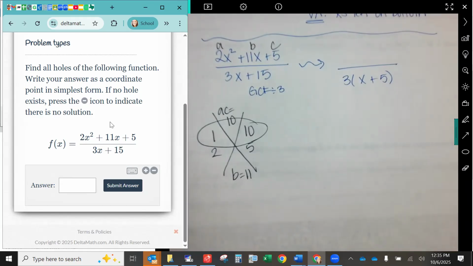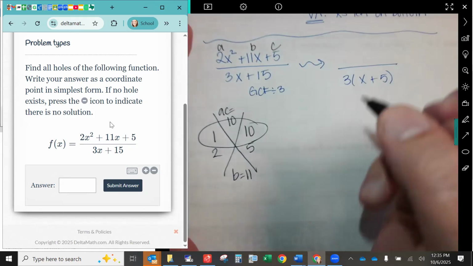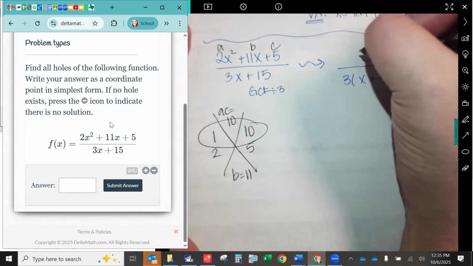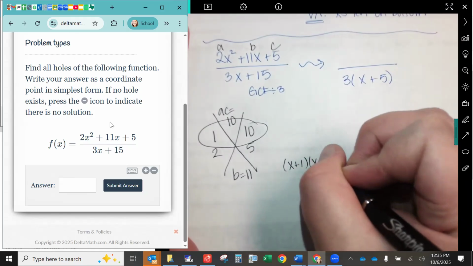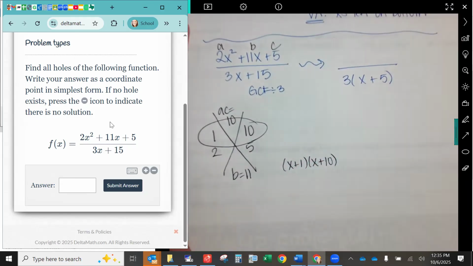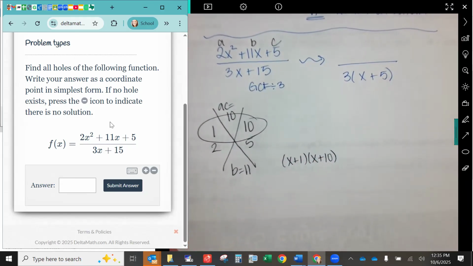Okay, from here, question. Will my x's just be x plus 1 and x plus 10? No, here's why. If I have x plus 1 and x plus 10, I still have to divide and slide over what a? 2. Remember, if your a is a 1, you're done.